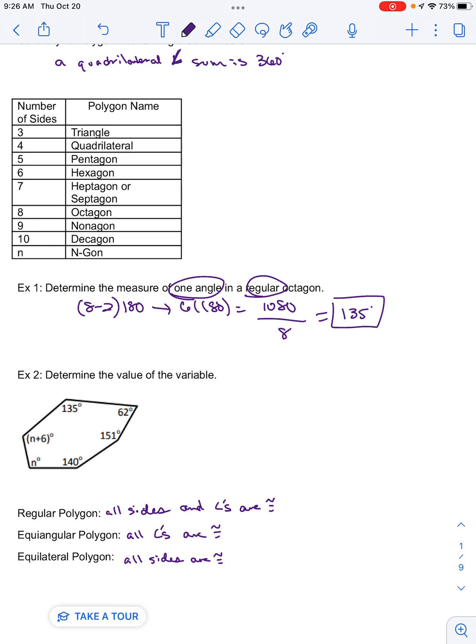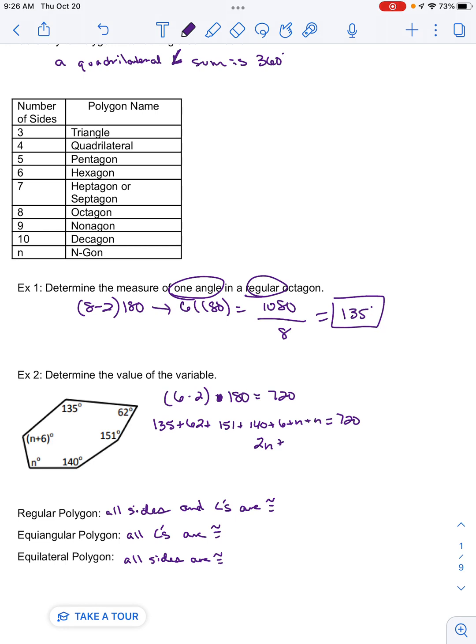Now in example 2, I have 1, 2, 3, 4, 5, 6 sides. I know those are not congruent, but for counting purposes I needed to know. So I have 6 minus 2 times 180, which equals 720. So all of my angles here added together equal 720.